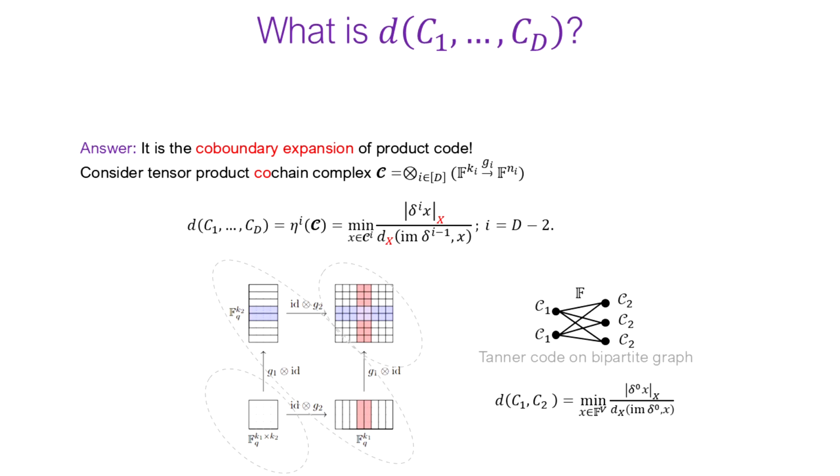If we interpret it as a sheaf on some simplicial complex, we can define Cheeger constants. It turns out that this last Cheeger constant is the most important one. If we have good Cheeger constants here, then you can show that you also have good Cheeger constants for all other levels. This exactly corresponds to the idea of high-dimensional distance. High-dimensional distance just means that we have good expansion in this chain complex that corresponds to the tensor product code.